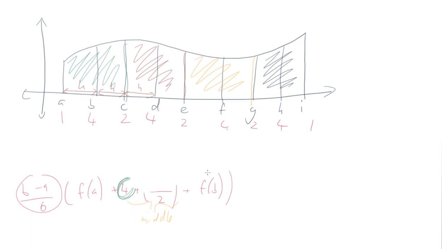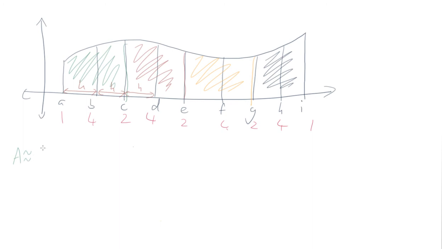So drawing up my Simpson's rule for this one, of course, don't use A, B, C, D, and E. You must use the function values, the actual heights. So my area here is approximately equal to h on 3, f of a, my first, plus f of I, my last.